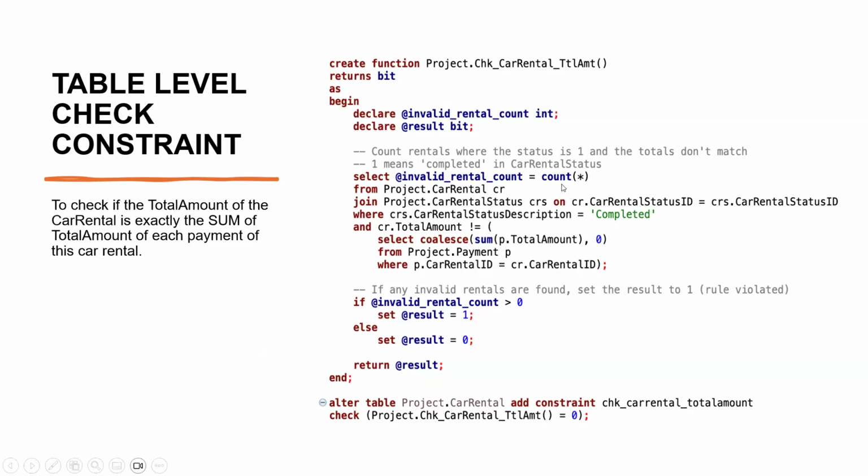So if there's any, the count will be at least 1, right? It has to be larger than 0. If it's larger than 0, then it returns 1. If it returns 1, then the constraint will give a warning, and people will know.